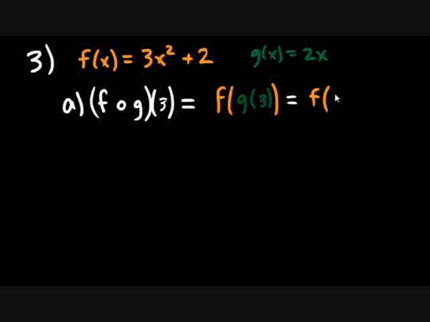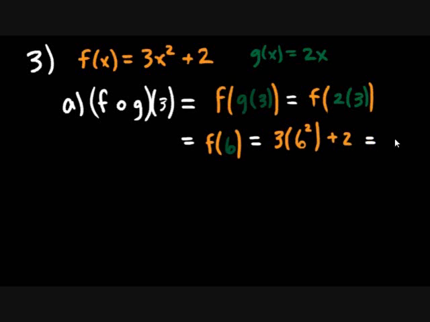So f of g of 3. So what is g of 3? Well, it's just 2 times 3, which is 6. So f of g of 3 is really the same thing as f of 6. So all we have to do is plug 6 into our function f, which is 3 times 6 squared plus 2. And if you do the arithmetic, you get 110.